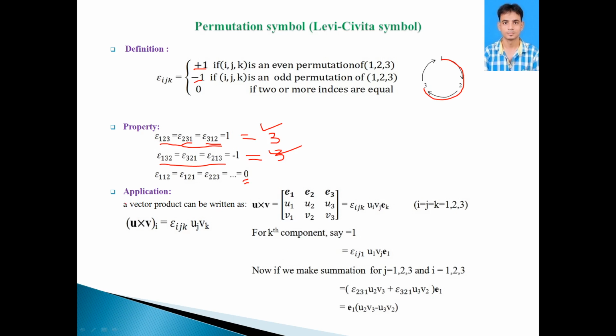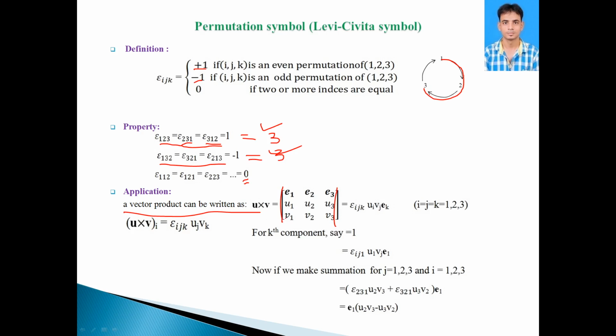Today I will discuss some applications, like the vector product, which can be written as u cross v. If you have two vectors u and v and perform the vector product, it can be written in determinant form. Sorry, it will be determinant, not matrix. So e1, e2, e3, u1, u2, u3, v1, v2, v3.